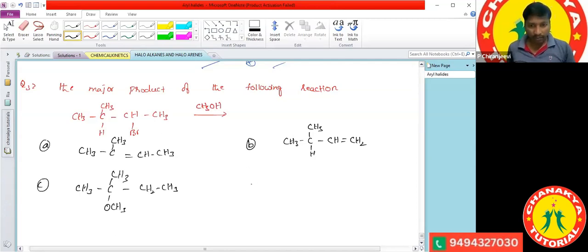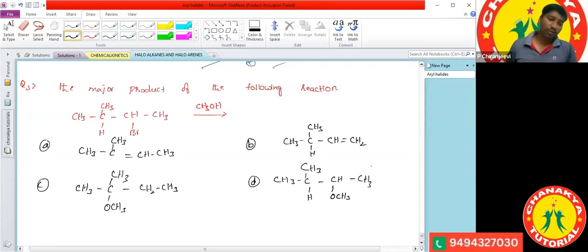And D: CH3 bond CH3 bond H bond CH bond OCH3 bond CH3. So this is the question they had given.